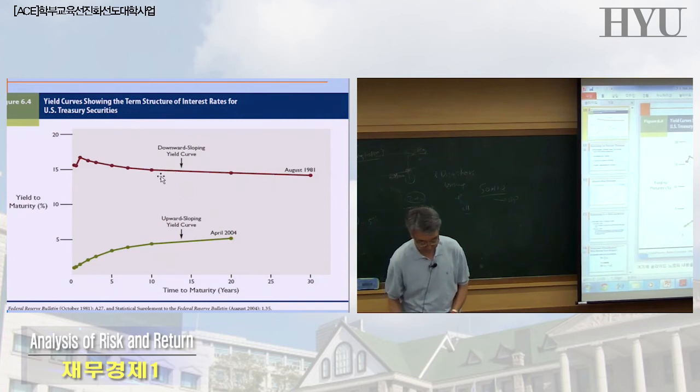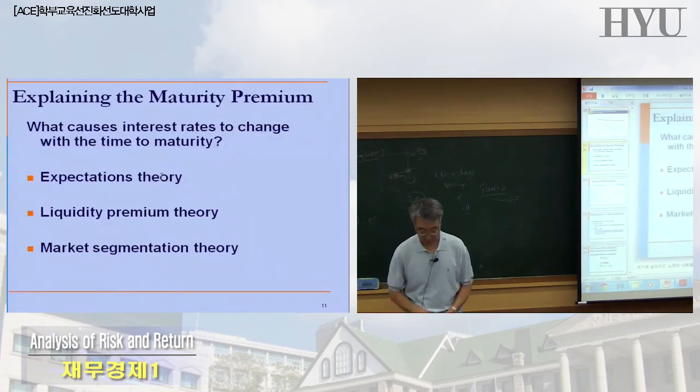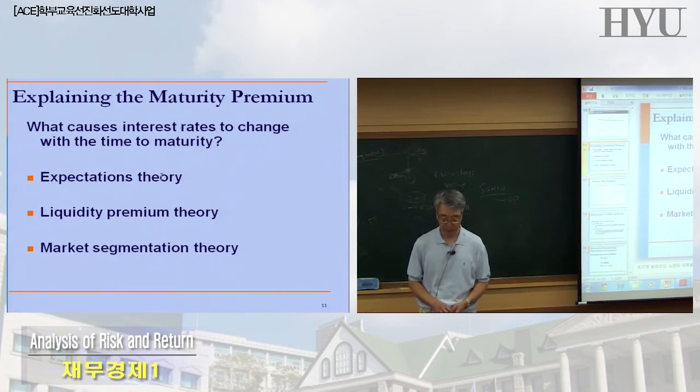But a more general explanation for the yield curve or maturity premium is this, where they have three different theories.